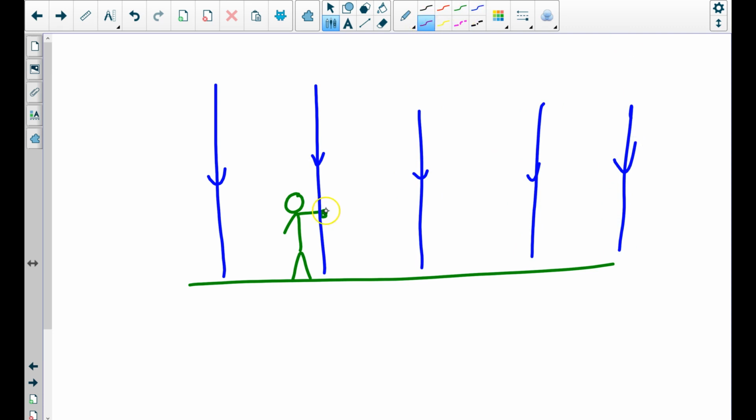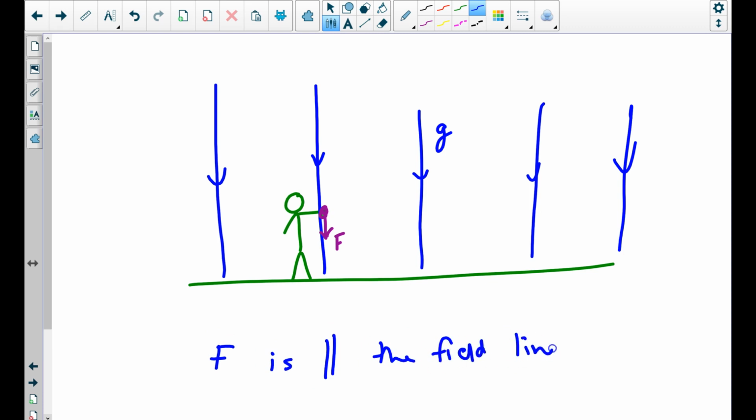Where is the direction of the force on the ball? Down with the gravitational field. So far, every scenario we've learned says the force is parallel to the field lines. That will not be the case for magnetic forces.